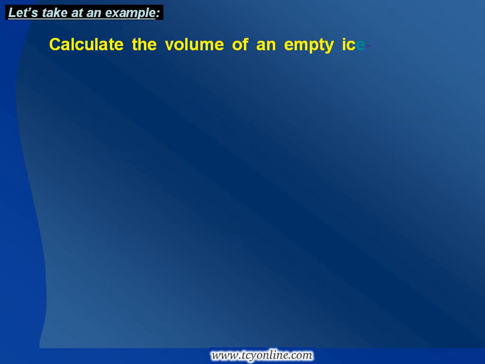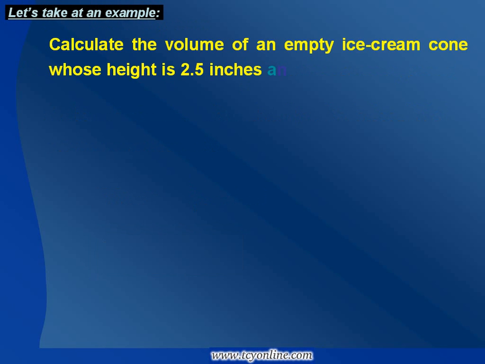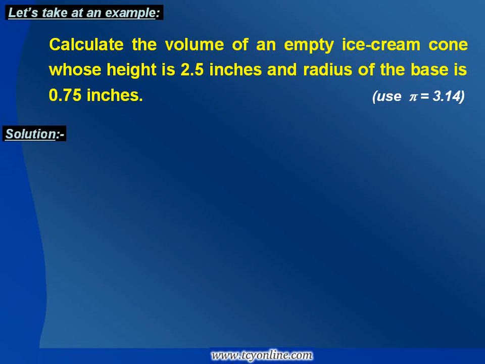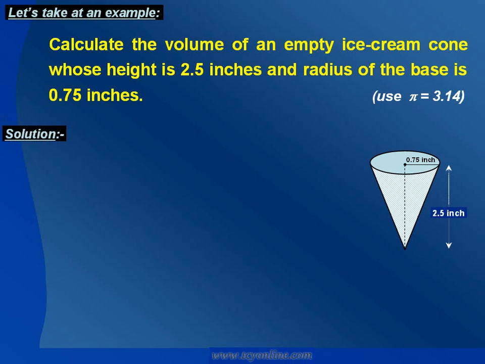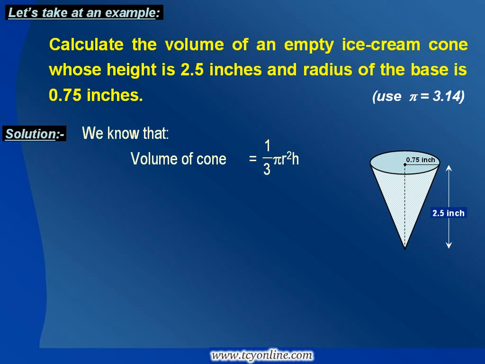For better understandability, let us take an example. We need to calculate the volume of an empty ice cream cone whose base radius is 0.75 inches and height is 2.5 inches. We are aware that volume of a cone is calculated by using the formula 1 by 3 pi r square h.